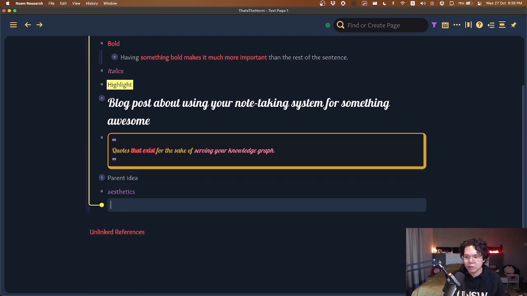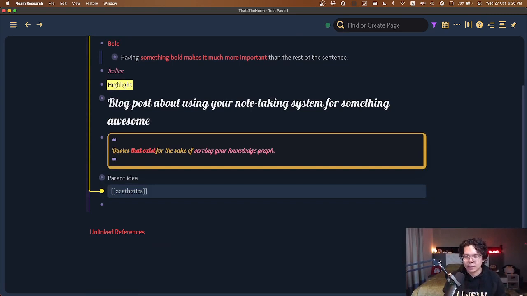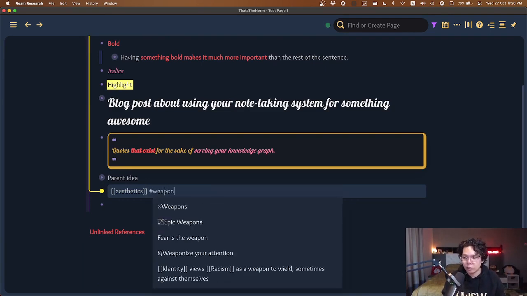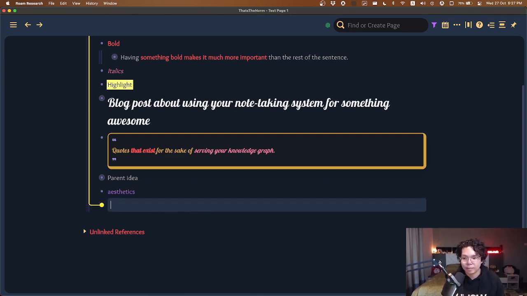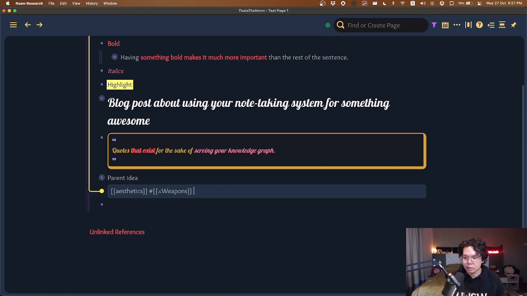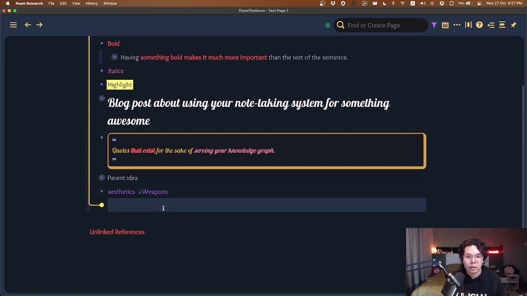As an example, maybe I want to explore aesthetics, and this is going to be a blog post, and the blog post tag is called a weapon. Here's the thing. When I let go of my cursor on there, it disappears because I have an extension that would help me hide any entity that is written in the form of a hashtag. If this was written just as an entity, it would exist.